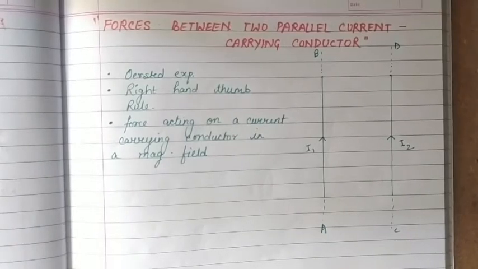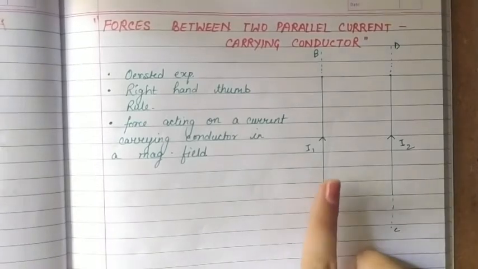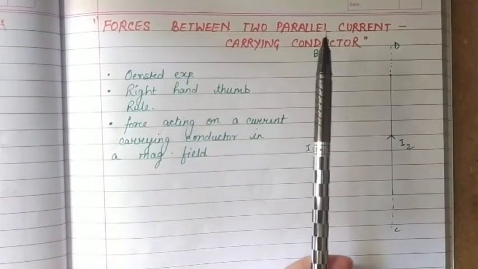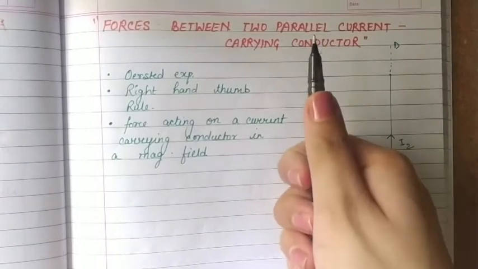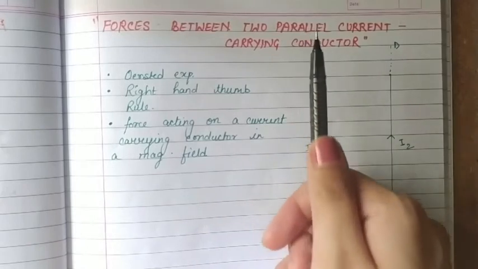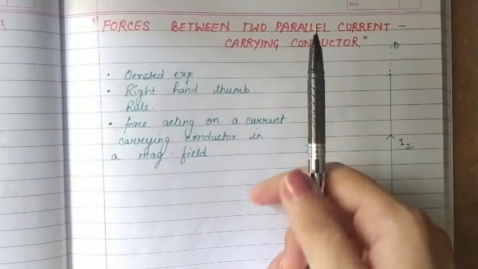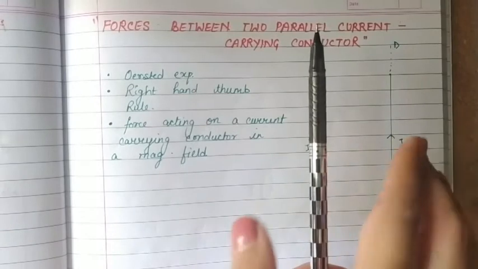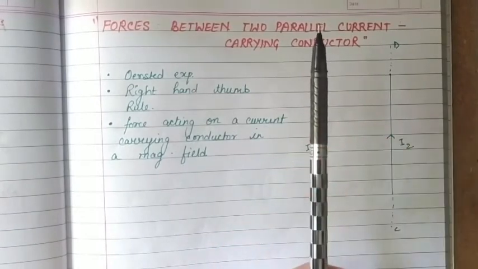Now we want to find the direction of this magnetic field B1. So we will use the right hand thumb rule, and according to the right hand thumb rule, we have to hold this conductor with our right hand such that the thumb of our right hand points towards the direction of current, and the direction of the fingers will point the direction of magnetic field.